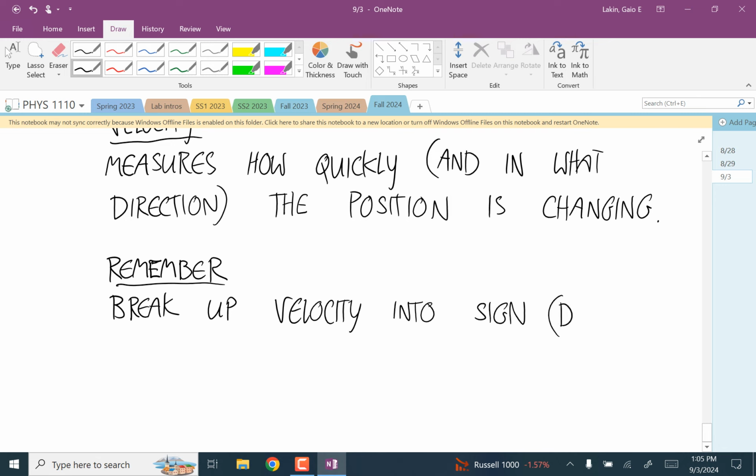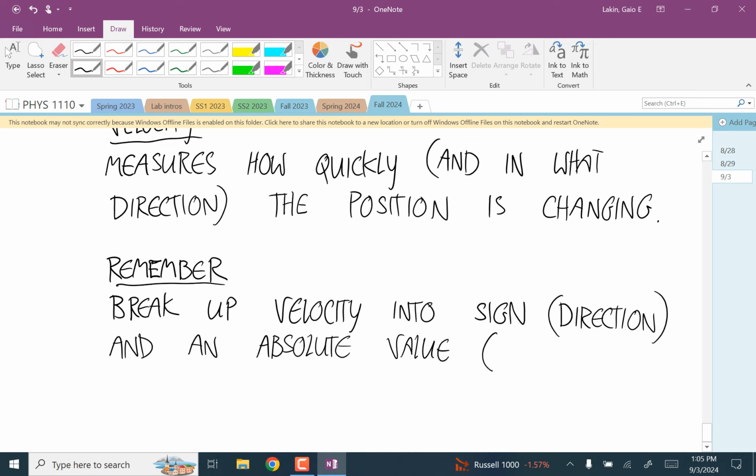That's the direction. And an absolute value. And I'm going to call that absolute value the magnitude.